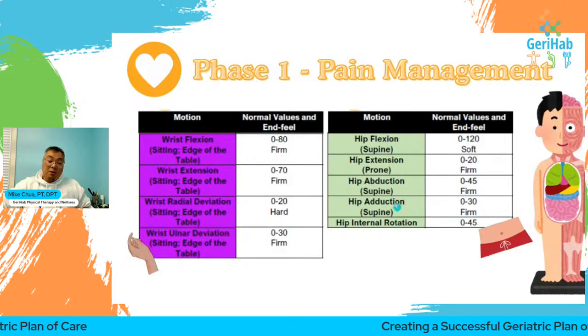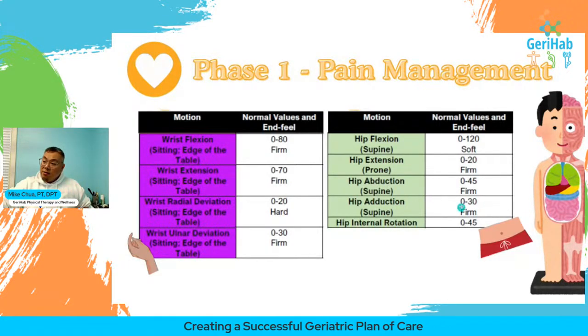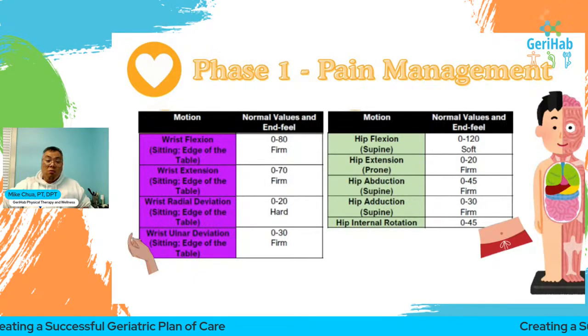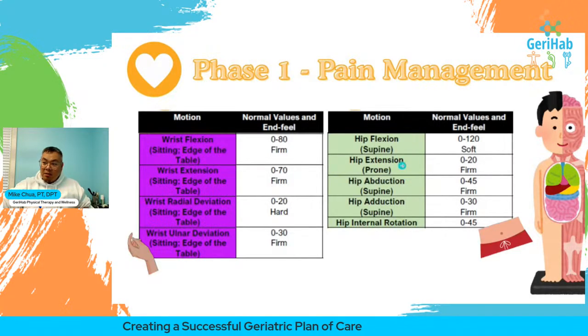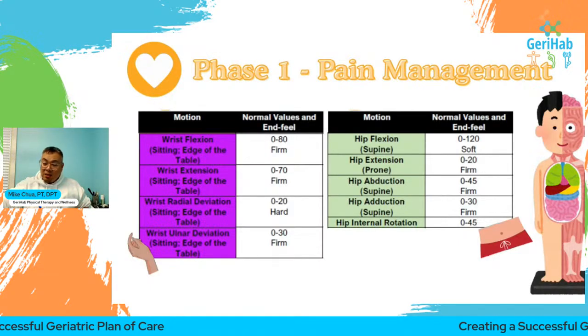Well, for most of our patients, their end feels on this hip range of motion testing will be empty. Most of them are shouting when we test them. Straight leg raising, especially hip extension in prone, especially when you flex that knee, stretches the quads very well, and it hurts them.